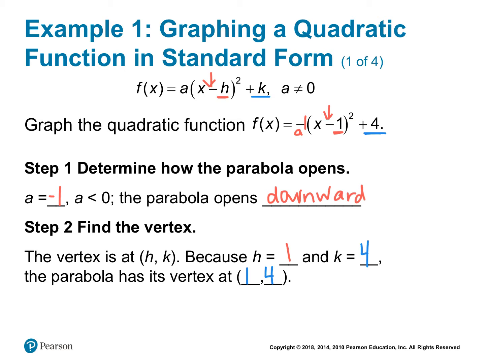So that's going to be either the highest point of the parabola or the lowest point of the parabola. Now we said this one is opening downward, so the vertex is going to be the maximum, which is going to be at 1, 4. So if it opens downward, it's going to be the maximum point, the highest point on that parabola.